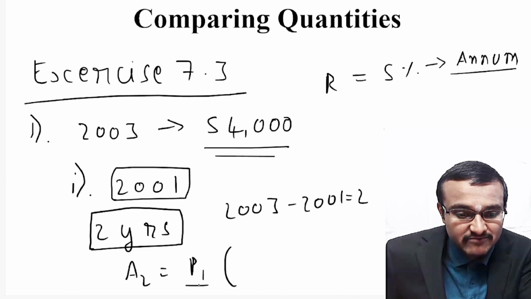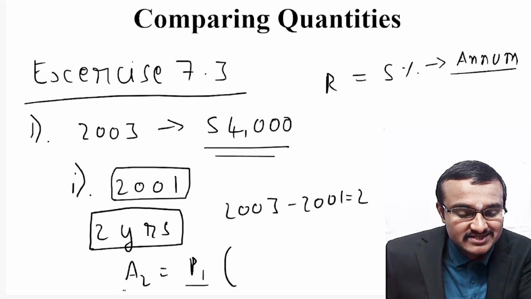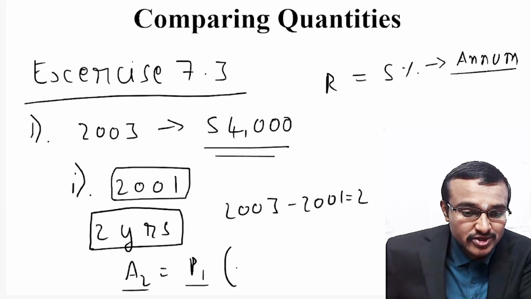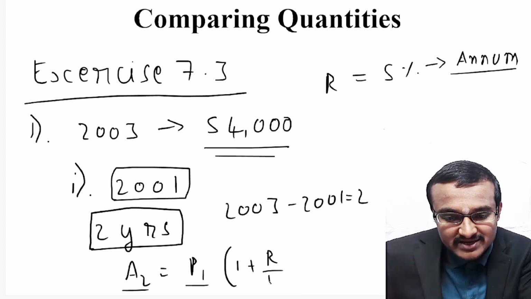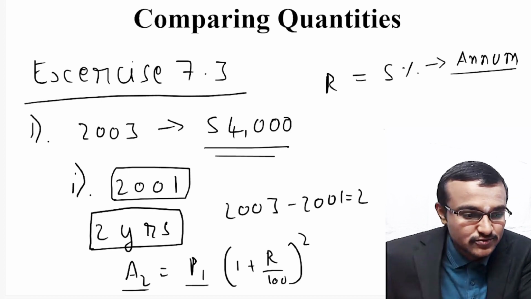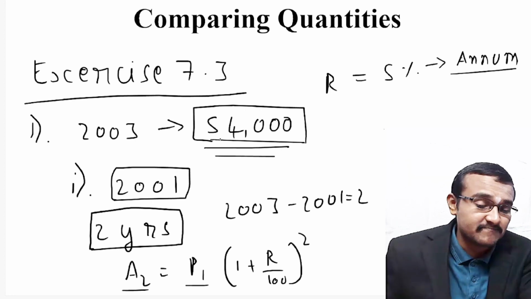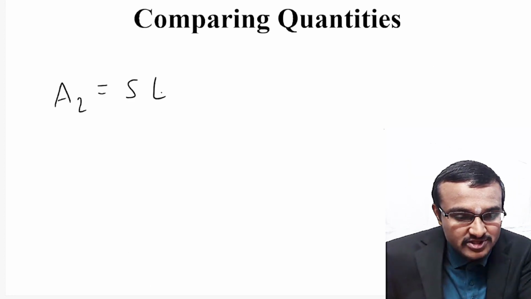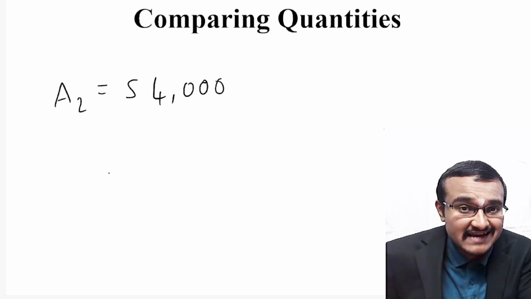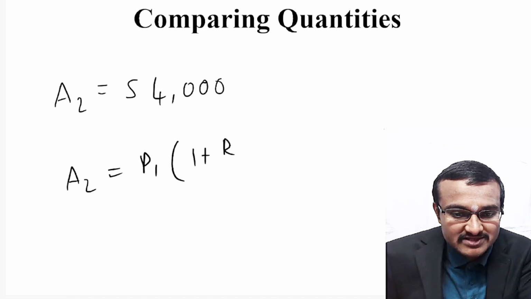Let us take the population in 2001 as P1, and whatever the population is after 2 years, let us take that as A2. So A2 is equal to P1 into (1 plus R by 100) power 2. We are finding the initial population in 2001. A2 is already given, that is 54,000, but we should calculate P1.